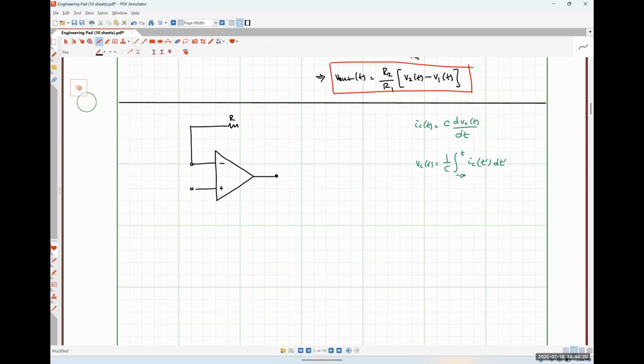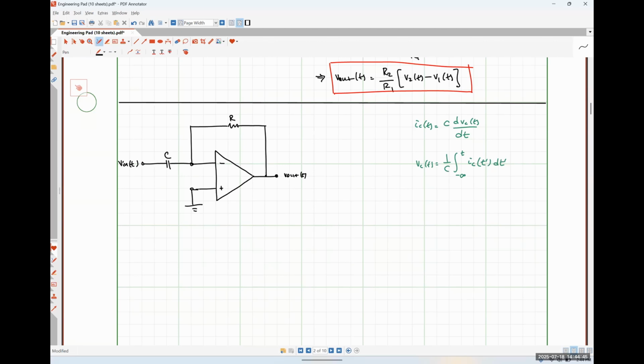So let's just call this guy R. I'm going to put a capacitor here, call this guy C. We're applying our input signal here, and we're grounding our non-inverting input terminal.